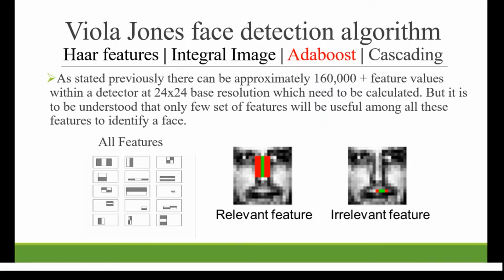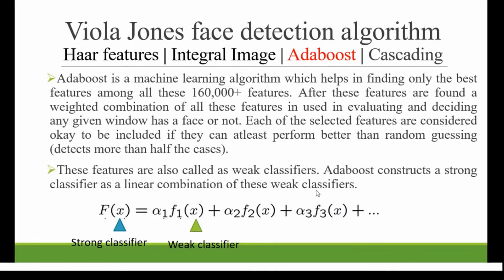For example, when we detect an eye, this feature would be quite useful as the color tone would be quite different, but this feature would be mostly irrelevant. So AdaBoost is the algorithm which helps in finding only the best features among these 160,000 features. After these features are found, a weighted combination of all these features is used in evaluating and deciding whether any given image has a face or not.